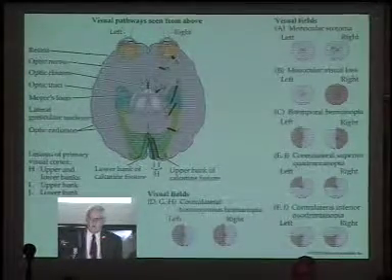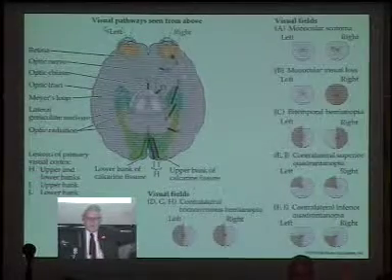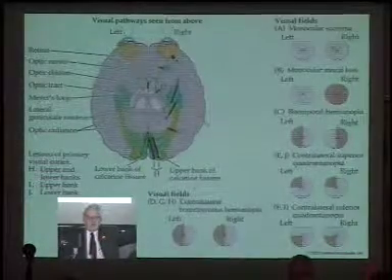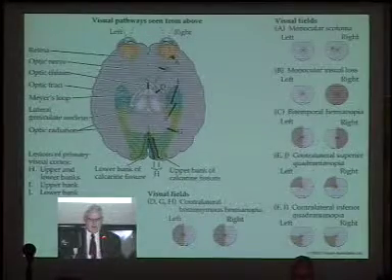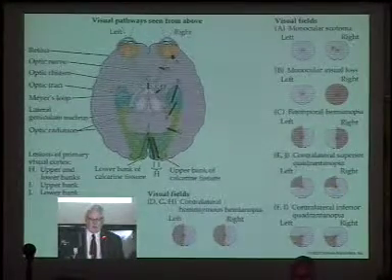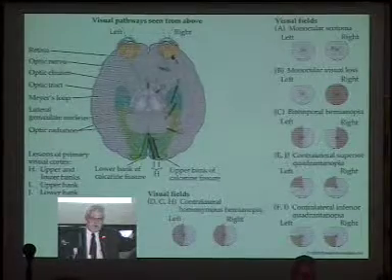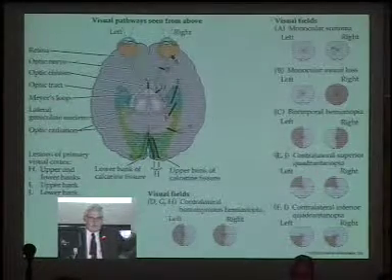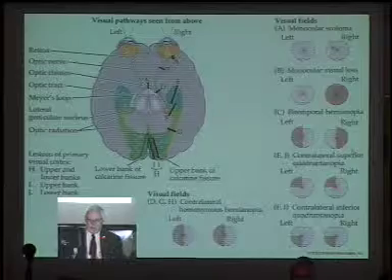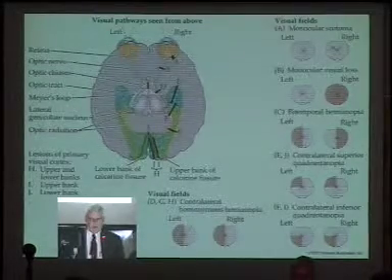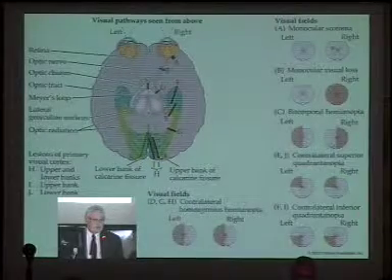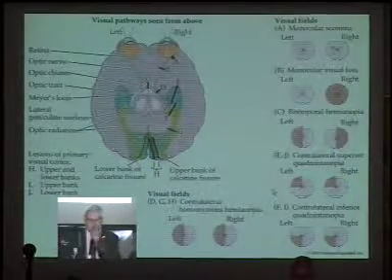So light that comes in from the left finds its way to the right side of the brain, that information. So anything behind the optic chiasm will result in some deficit in the contralateral visual field. And these are all fairly straightforward, and these are the typical ones that you'll find that you need to work through, okay?